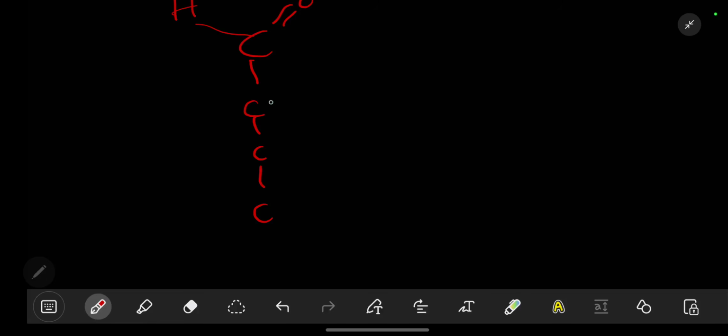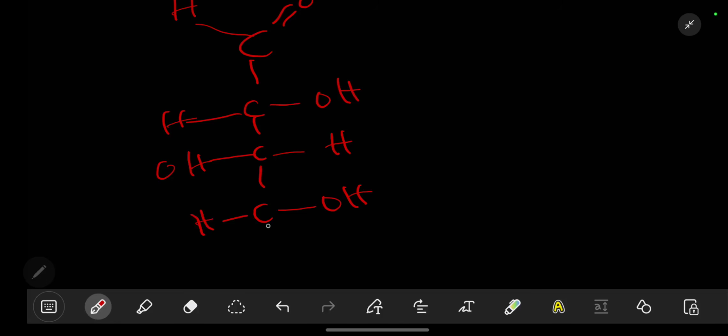Then we do the same thing. We have our OH here, then our hydrogen, interchanged. So hydrogen should come this side, our OH this side. Finally we have our OH this side, and our H and our H, like that. So this is our C4H8O4.